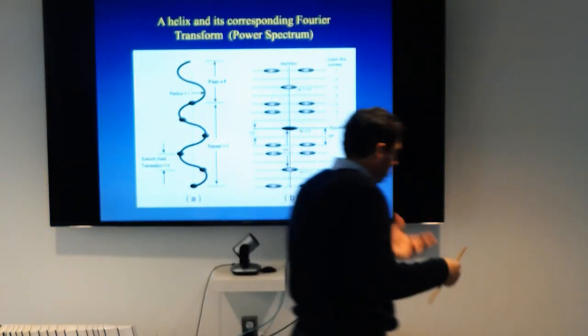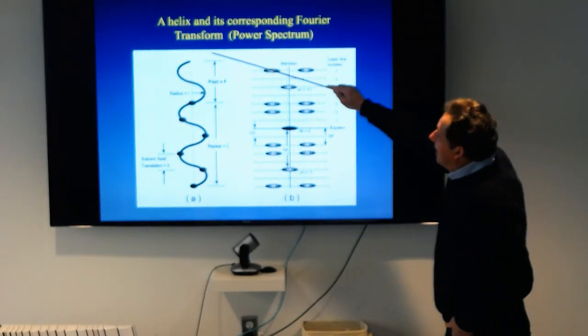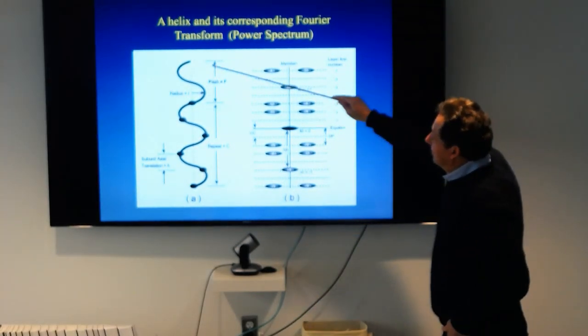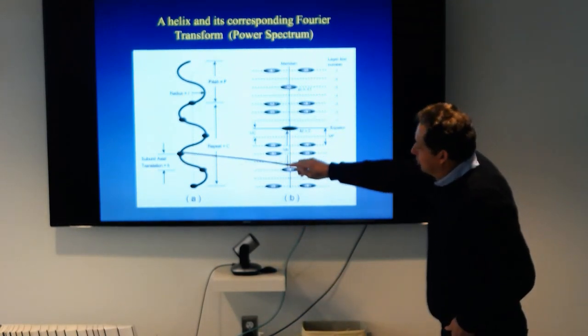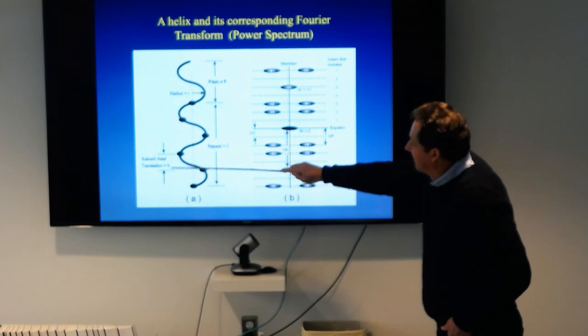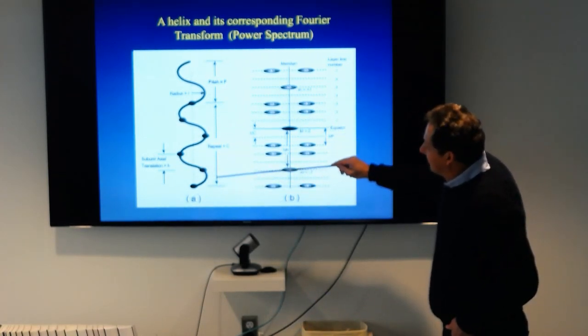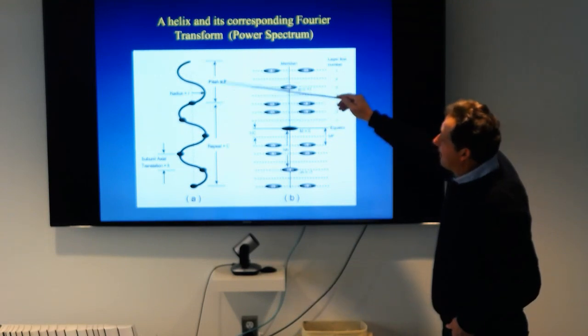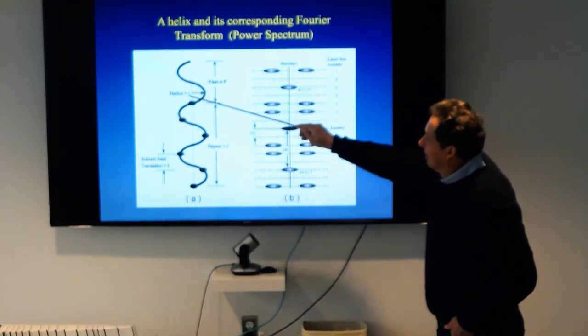To summarize, we have a helix in real space, and we have the subunit axial spacing, and then other axial distances. We have the repeat, we have the pitch, and we have the radius of the helix.